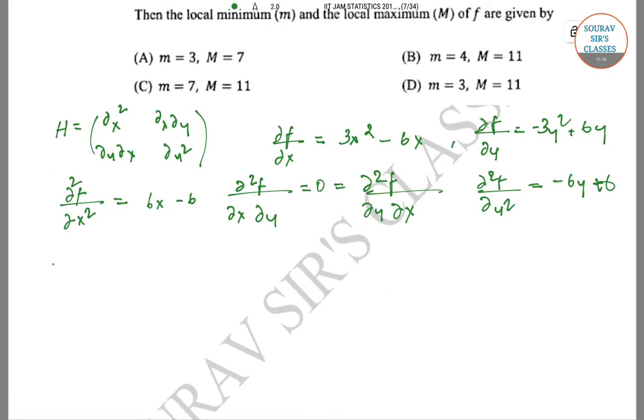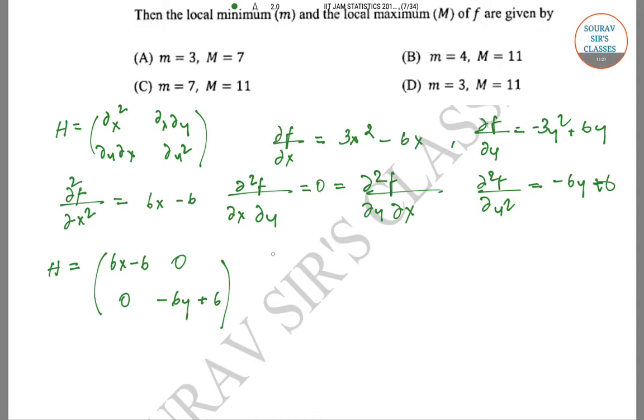From this we have the Hessian matrix equal to [6x minus 6, 0; 0, minus 6y plus 6].